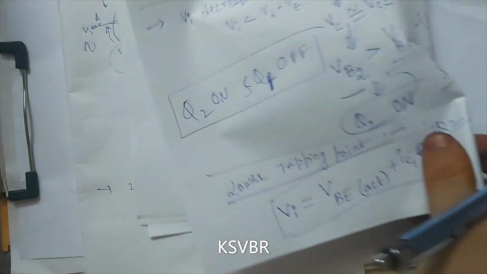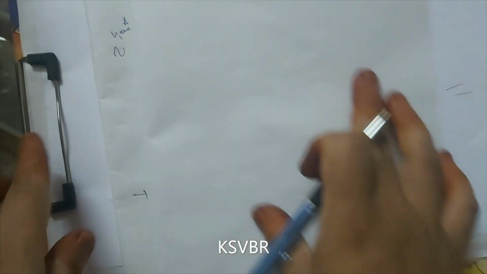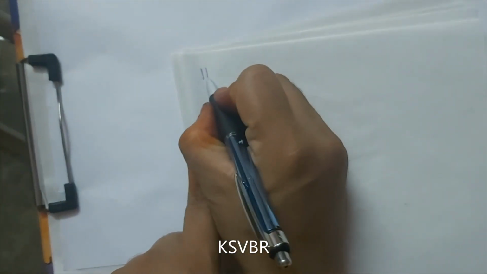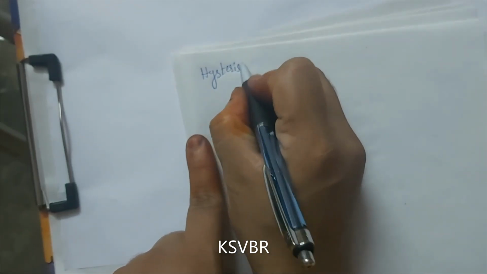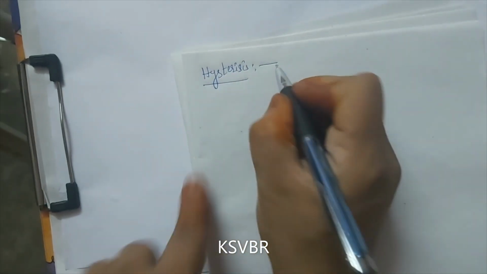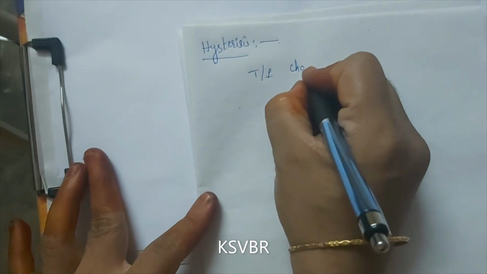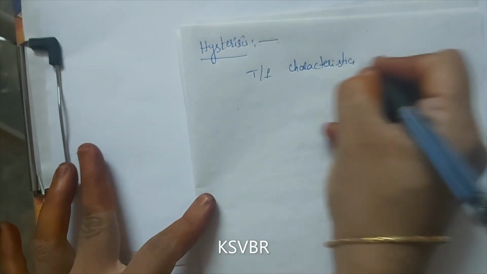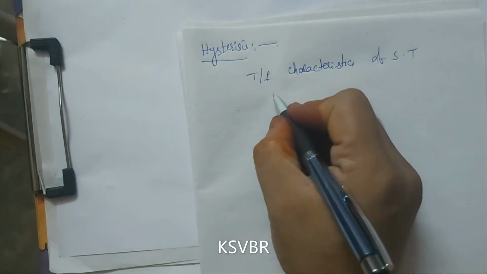We are going to derive expressions for UTP and LTP also. Before that we will see what is hysteresis and what are the waveforms of Schmitt Trigger. Hysteresis is nothing but the transfer characteristics of Schmitt Trigger circuit. What do transfer characteristics mean?